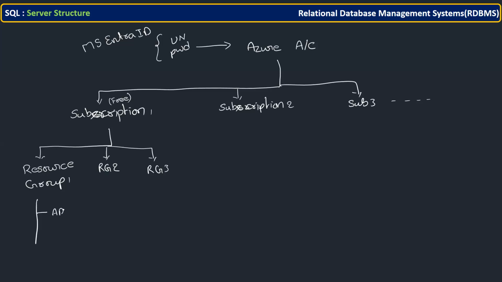Whatever services you create should come under one of the resource groups, and whatever resource group you create should come under one of the subscriptions. In each resource group, you are simply grouping some set of resources with a name, that's all.